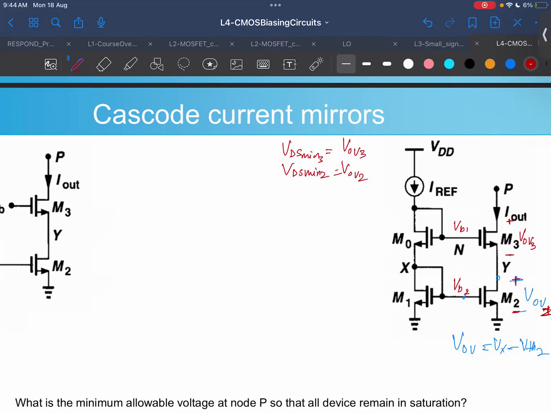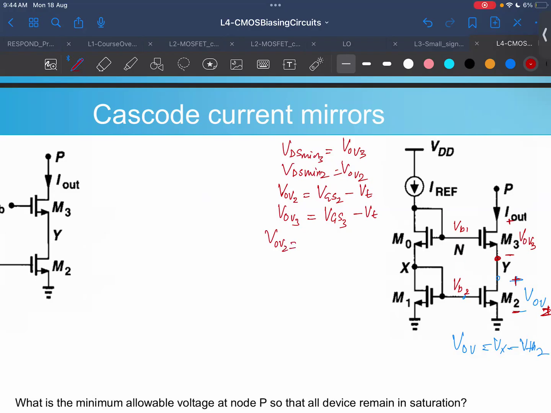And why VOV is different is because the gate voltage depends on your VGS, right? So VOV2 is VGS2 minus VT of this transistor, while your VOV3 is just again VGS3 minus VT, right? VT is the same for both the transistors. And we see that VGS3, if we were to expand it, we can write.